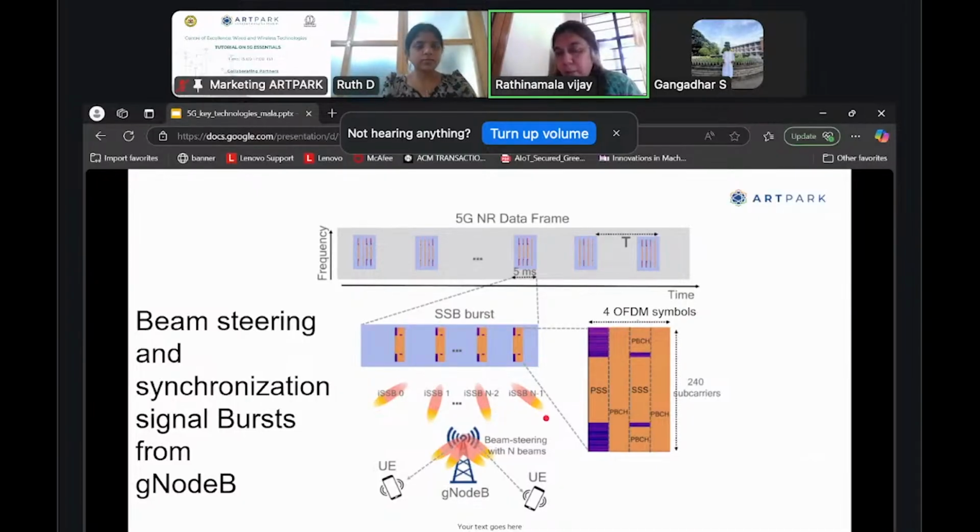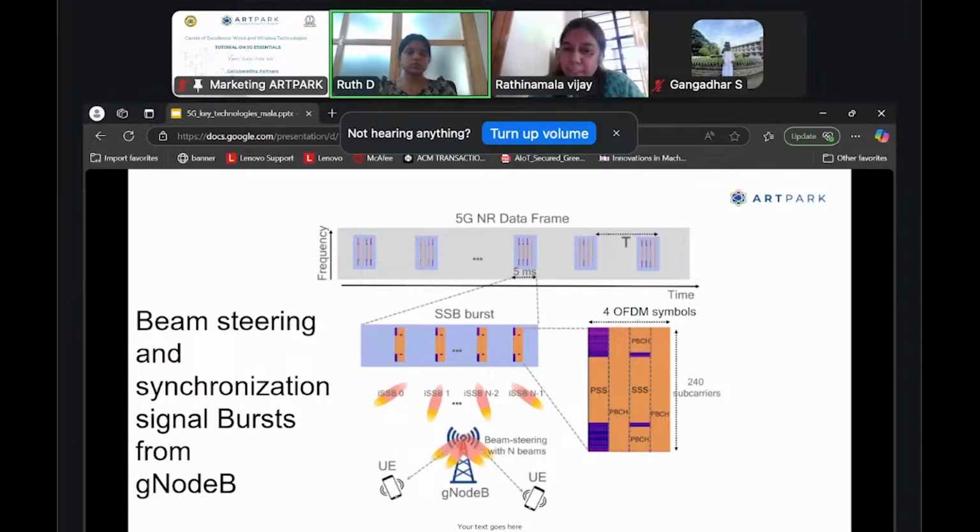When you receive this information in the 4 OFDM symbols of every SSB burst, you will know the channel state information, what each beam has undergone, and the channel state of each beam can be obtained at the gNodeB.